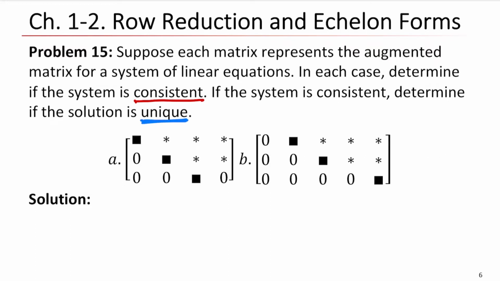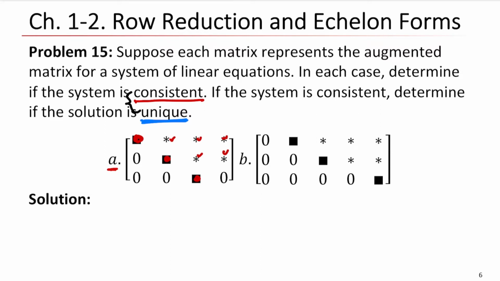These two questions are very important when we analyze a linear system. First, in case A, the shape of the original augmented matrix looks like that: there are 3 pivot positions here with some arbitrary values here.